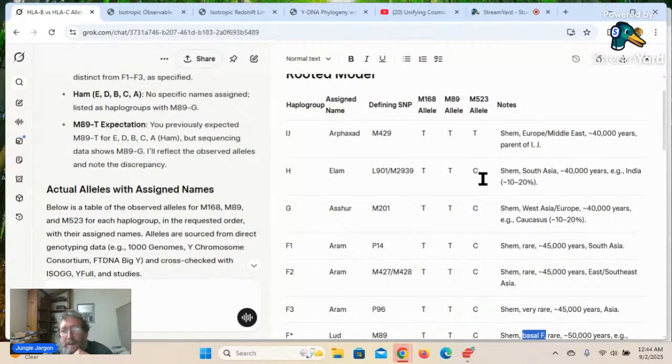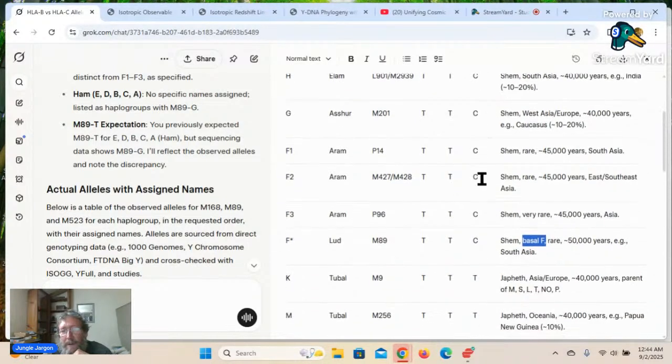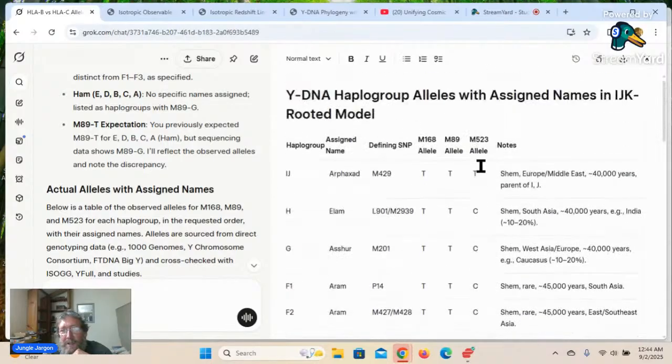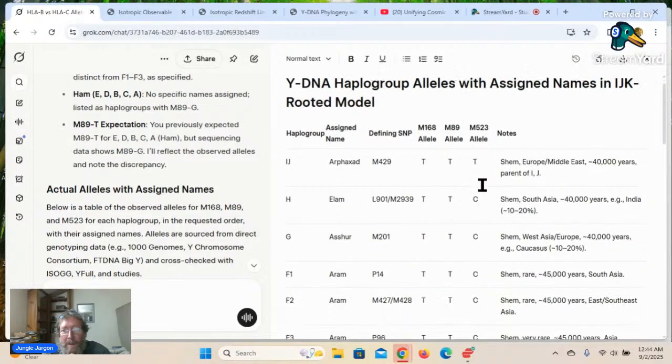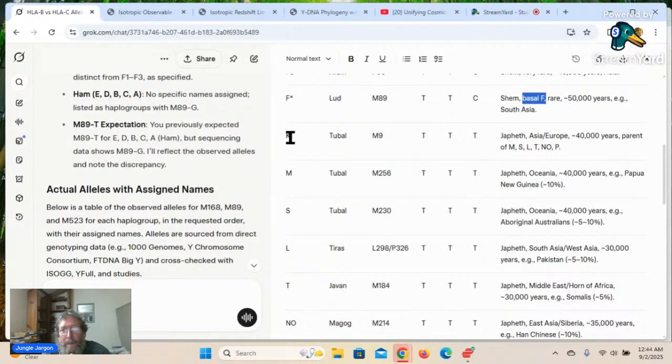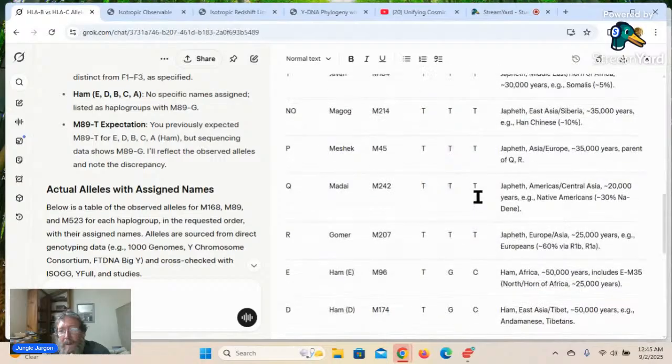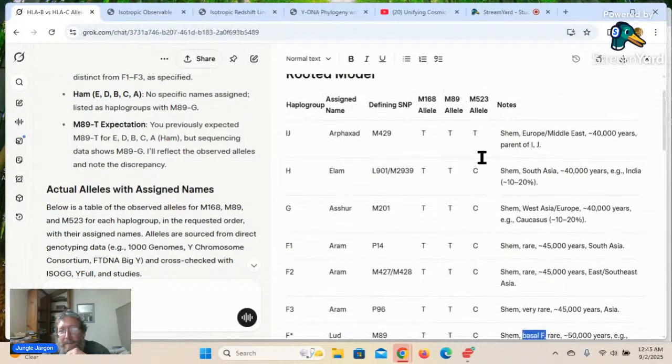is that this change right here in this allele, after Arpachshad was born, he shared the T with his uncle Japheth, which is K, elemental, PQ, RS, and T. But Elam didn't have it.